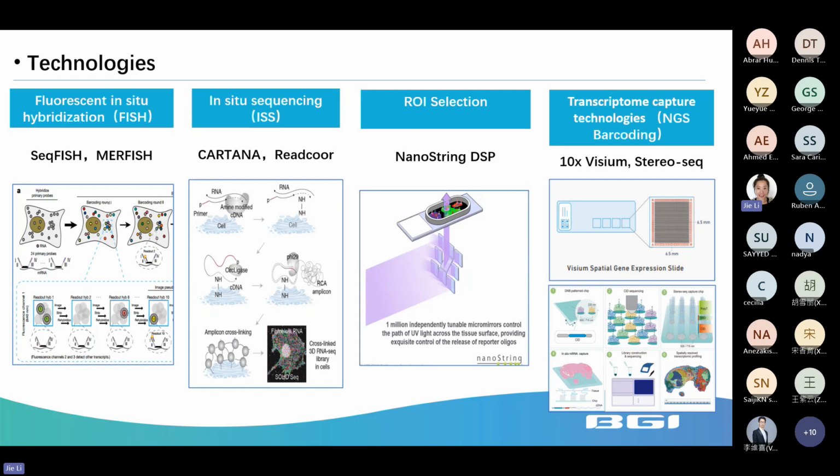The advantage is relatively high resolution, which allows gene expression to be localized at the cellular and even subcellular levels. However, the limitation is that the number of genes that can be detected is limited, and the operation is relatively complex.